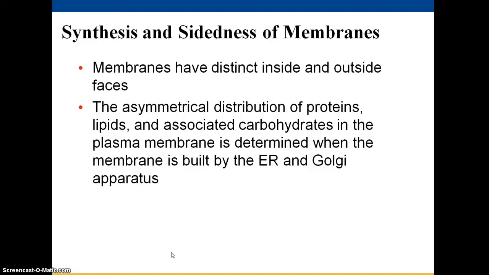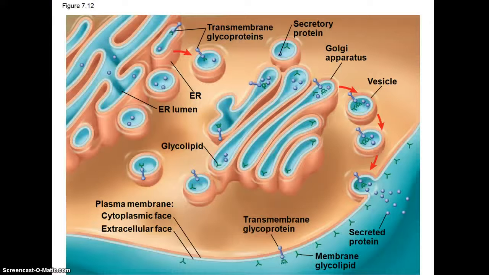Membranes have distinct inside and outside faces. This sidedness of membranes has to do with how the plasma membrane is built by the ER and the Golgi apparatus. In this picture, we can see that membrane proteins and lipids are synthesized in the ER.